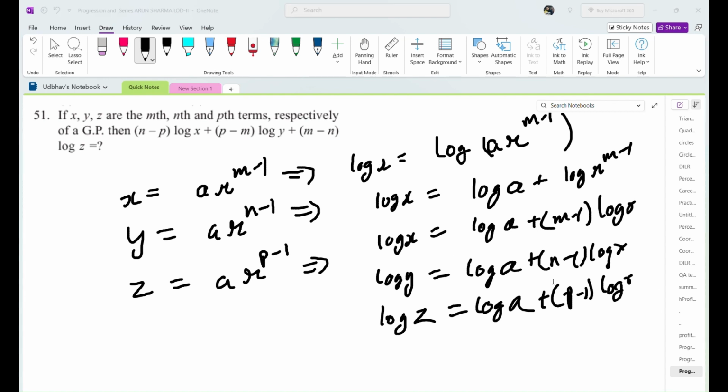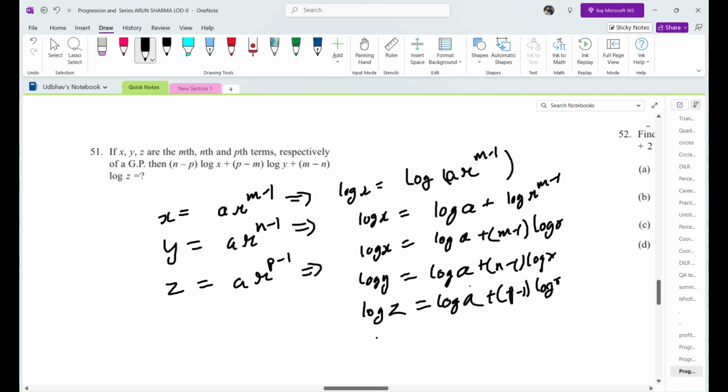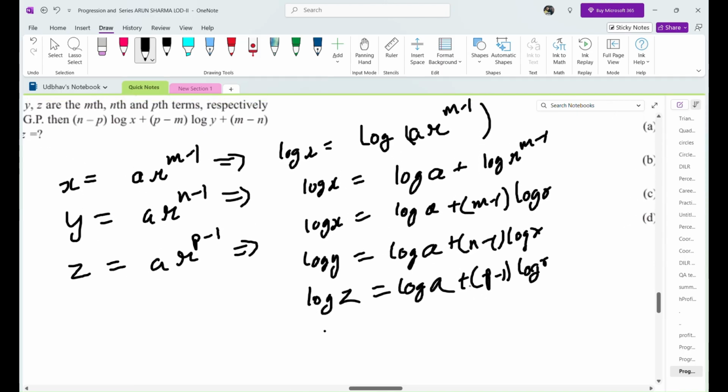We should think of another shorter solution. N minus p.